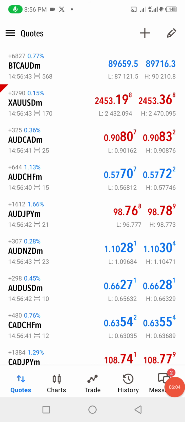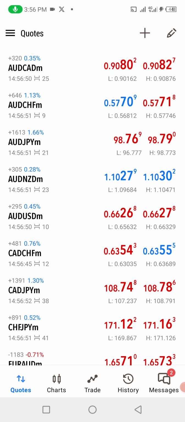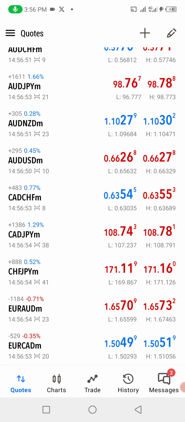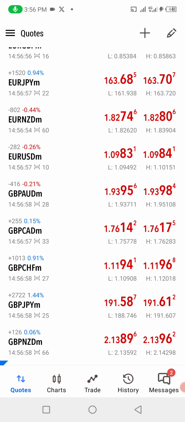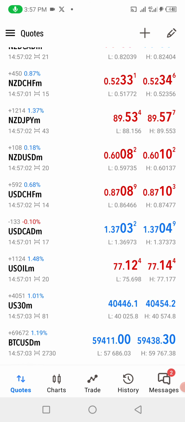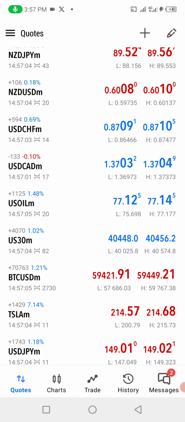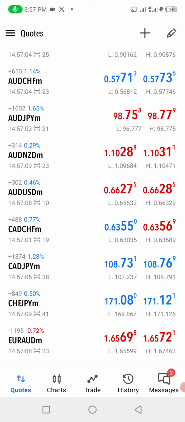Okay, let's start with forex markets. For instance, I'm going to pick one asset that is generally traded. Let's consider US oil.